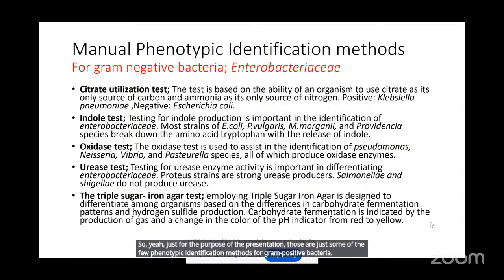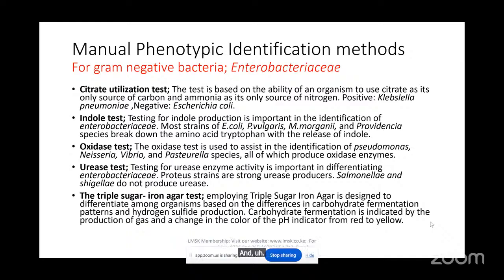Then you have the manual phenotypic identification methods for gram-negative bacteria, and I've specified the big family in this category, the Enterobacteriaceae. So here we have citrate utilization test. The test is based on the ability to use citrate as its only source of carbon and ammonia as the only source of nitrogen.